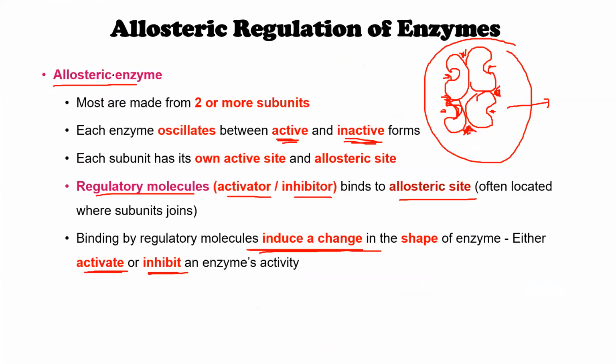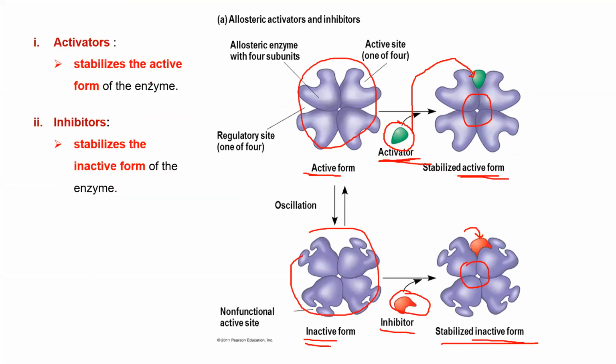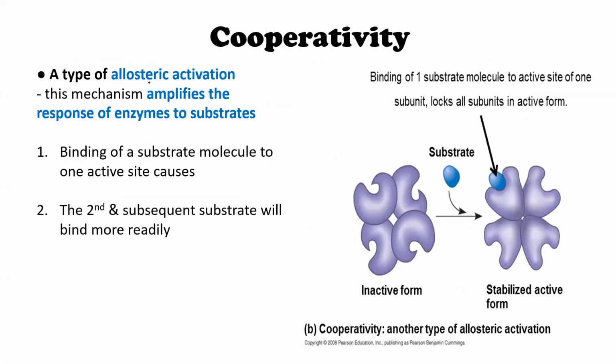So that was allosteric regulation, which involves allosteric regulators. The other mechanism is cooperativity. Cooperativity also involves an allosteric enzyme. As you know, allosteric enzymes are not stable.